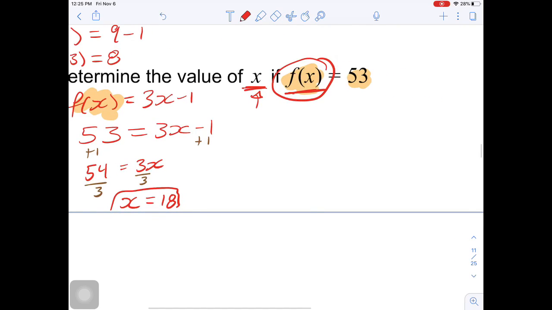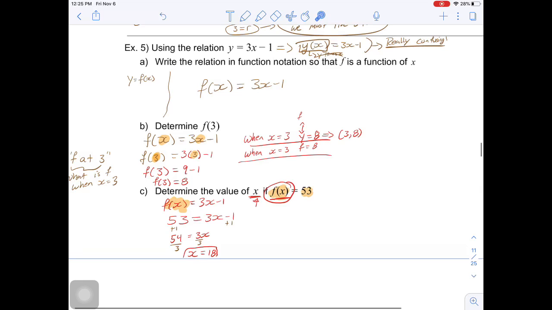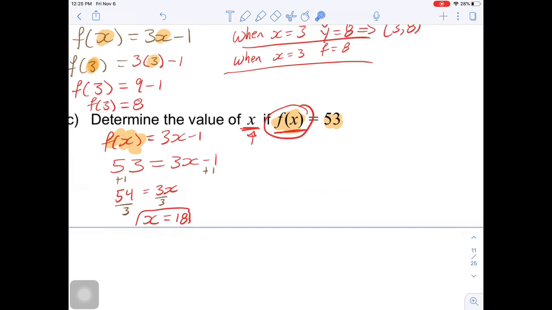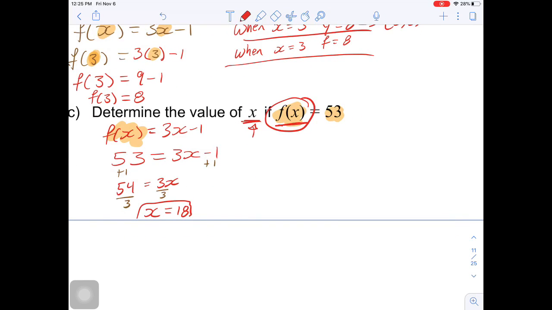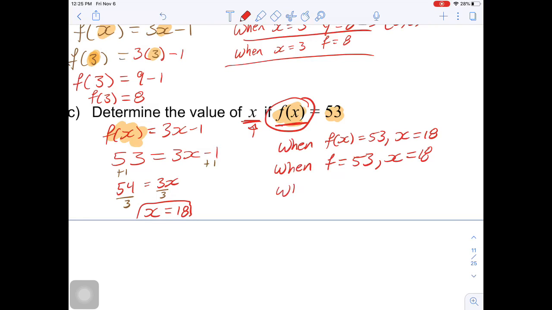So remember, what did I say? y equals f of x. So here, when f of x equals 53, x equals 18, stated below. You could also say when f equals 53, x equals 18. Or lastly, you could say when y equals 53, x equals 18.